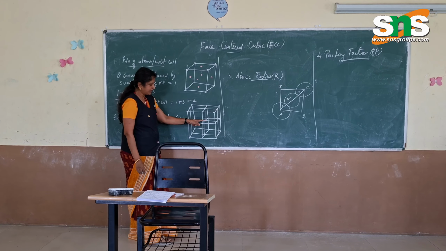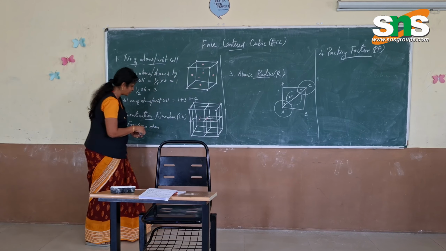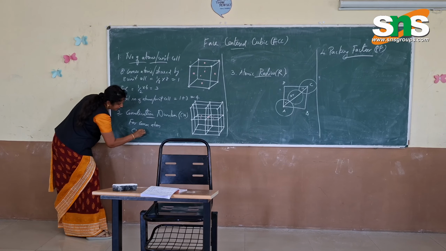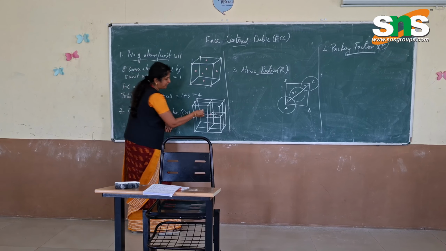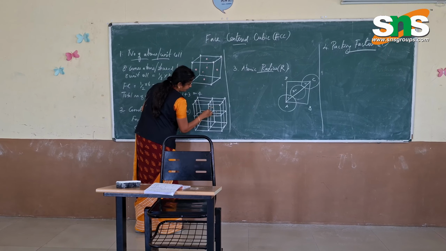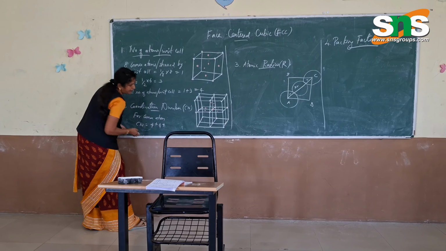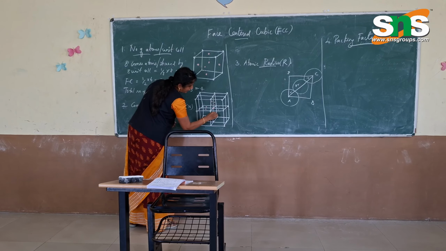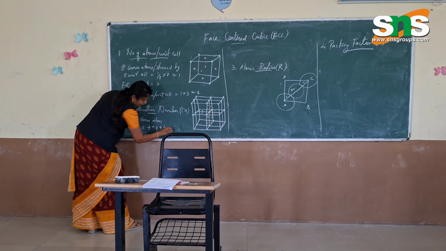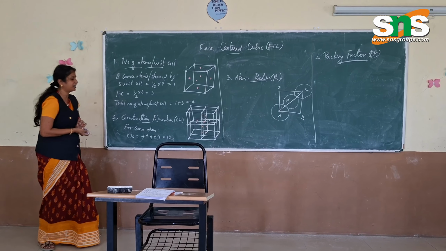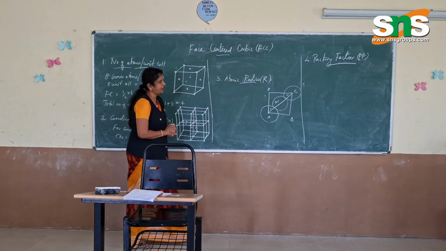In the same plane we have 4 face-centered atoms, so CN can be taken as 4. In the upper plane also we have 4, so 4 plus 4. Then in the lower plane also we have 4 face-centered atoms. So totally we have a coordination number of 12 for the face-centered cubic structure.